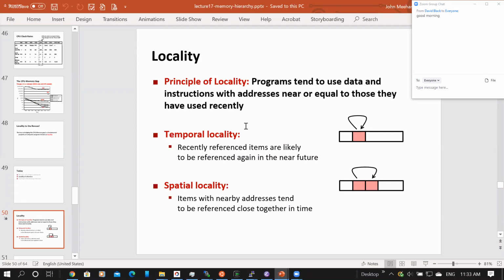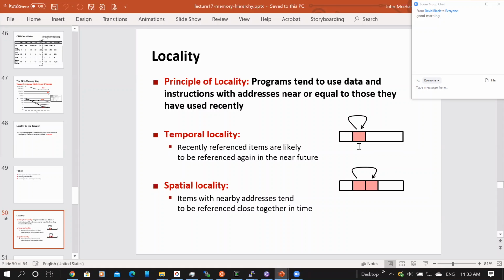Spatial locality is if I access memory address X and then I immediately access memory address X plus one, they're right next to each other. They're spatially local to each other, as opposed to accessing something here and then something way off in memory, some other location. Temporal locality would mean I access this and then I come back later and access it again in the relatively near future, right?